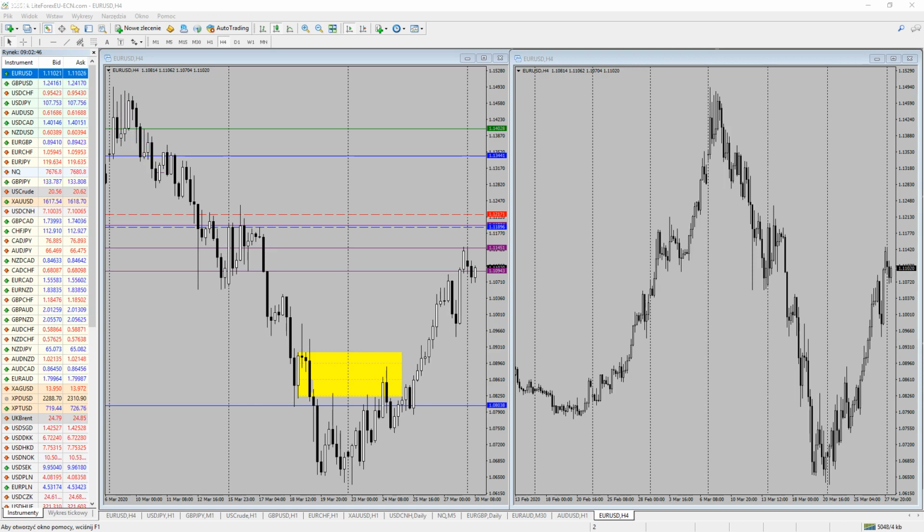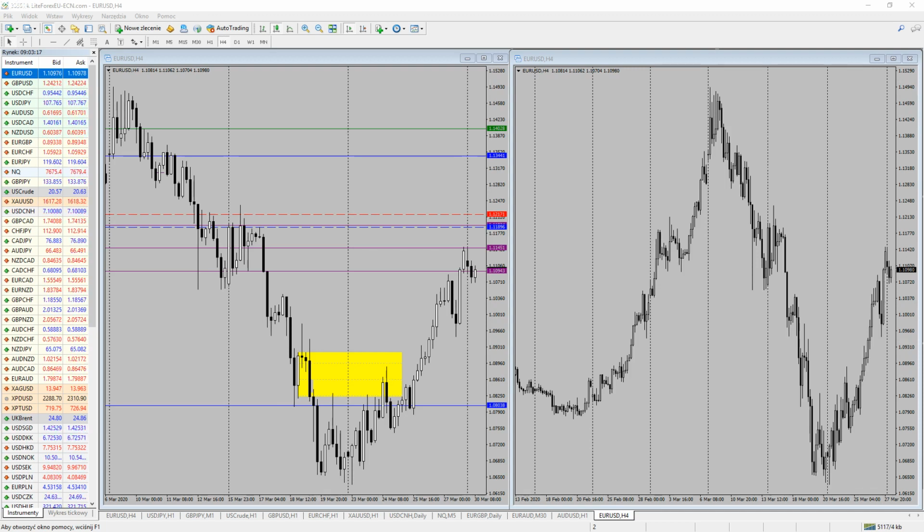Because we are going to have this type of possible supply, possible demand zones, on plenty of different charts, plenty of different time frames, and we have to remember that if we are going to start to try to trade each of them, we are not going to be positive in the long run, right?